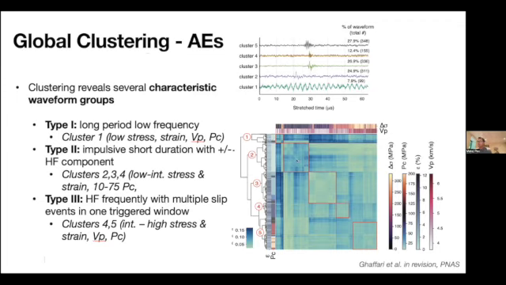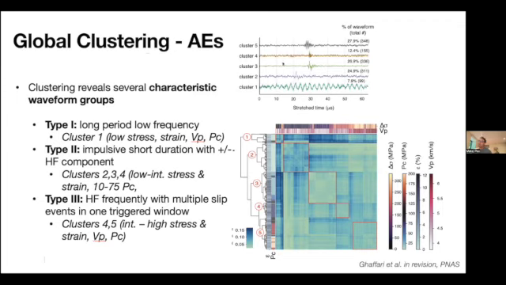And then we have these events in clusters 2, 3, and 4 that are much more impulsive and short, that have more and more of these high frequency overtones as the pressure is increasing.